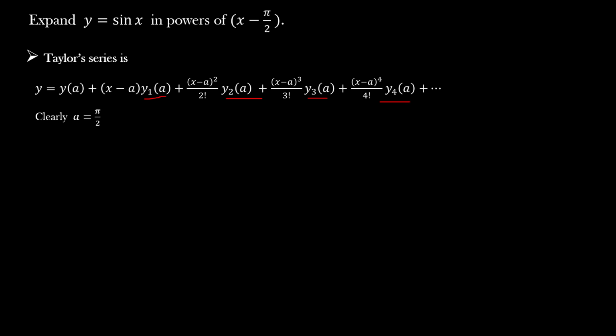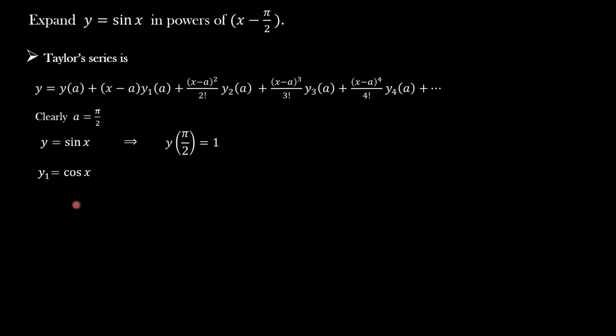Since you know y is equal to sin x, from that you can get y of a, that is y of pi by 2, that is sin pi by 2, which is equal to 1. Therefore y of pi by 2 is equal to 1.